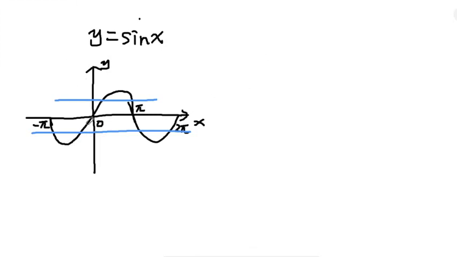So if we limit the domain from minus pi half to pi half, if we only take this part of the function, and use the horizontal line test to check, you will notice that when I define my domain between, of course, it can equal minus pi half, from minus pi half to pi half, then you use the horizontal line test to check.